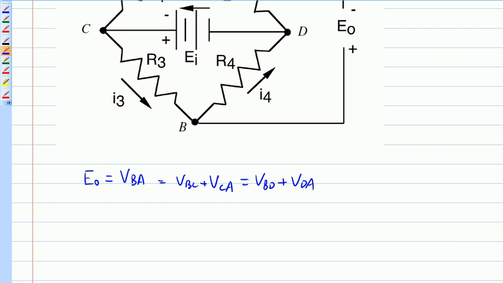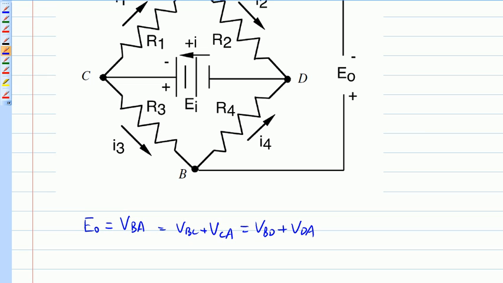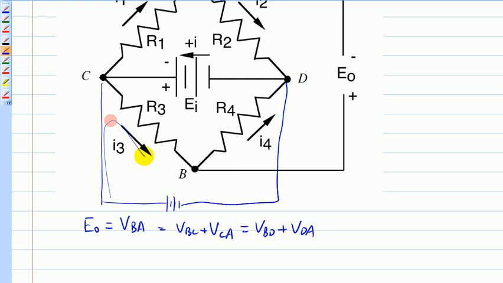And VBC, right? VBC is here. Here's your input voltage. If I drop this input voltage over here, what you're looking at, if you look at this circuit here, is basically a voltage divider.